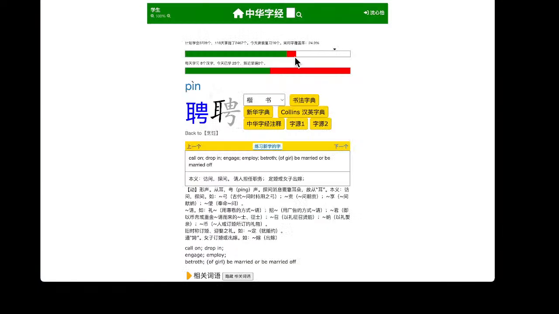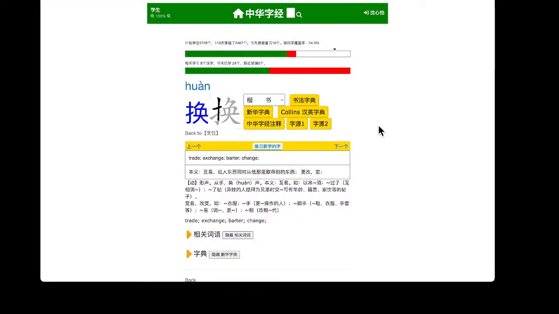Okay, next one. 请练习今天新学的字。Now 换 means change, exchange, trade, barter. So basically, you give somebody something and get something from that person in return.